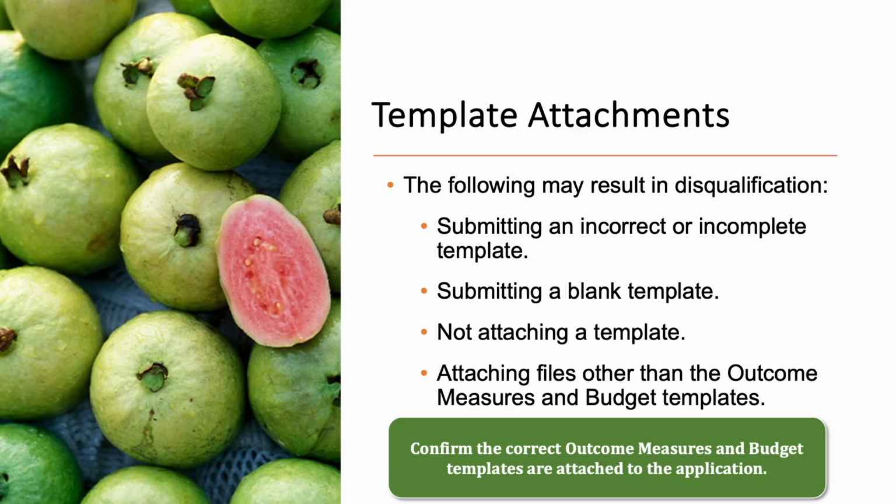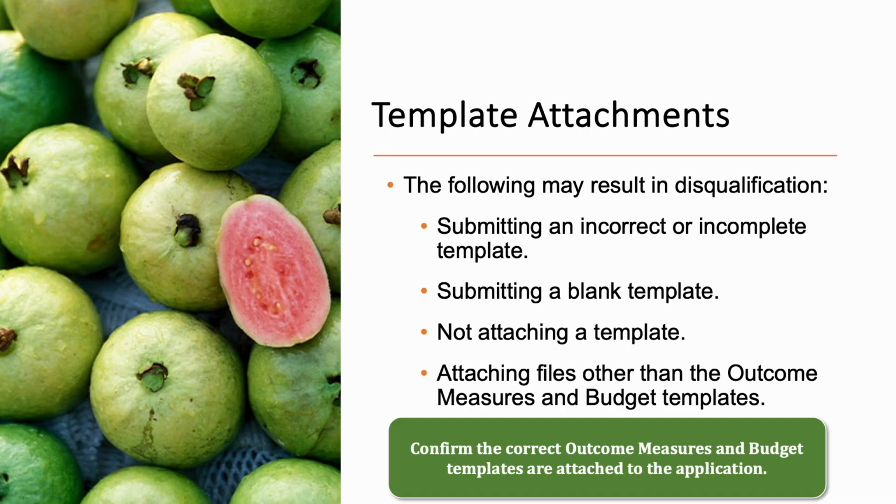For both the outcome measures and the budget templates, there are a few specific issues to keep in mind that could result in the disqualification of your concept proposal application. Submitting an incorrect or incomplete template, which would also include a modified template, attaching a blank template by mistake, forgetting to attach your template, or attaching files other than the outcome measures and budget template.